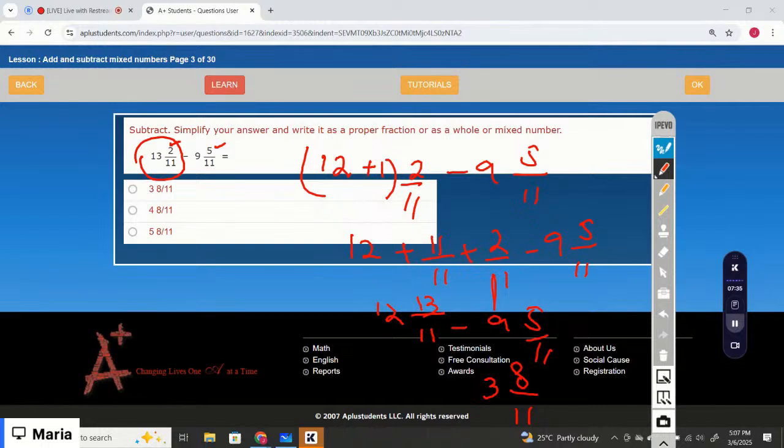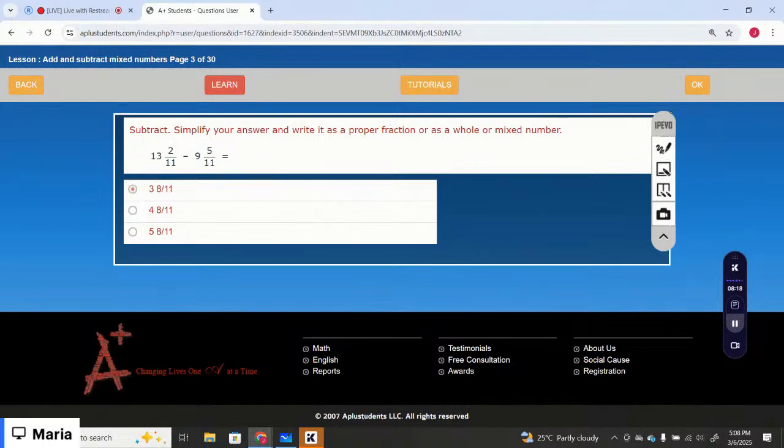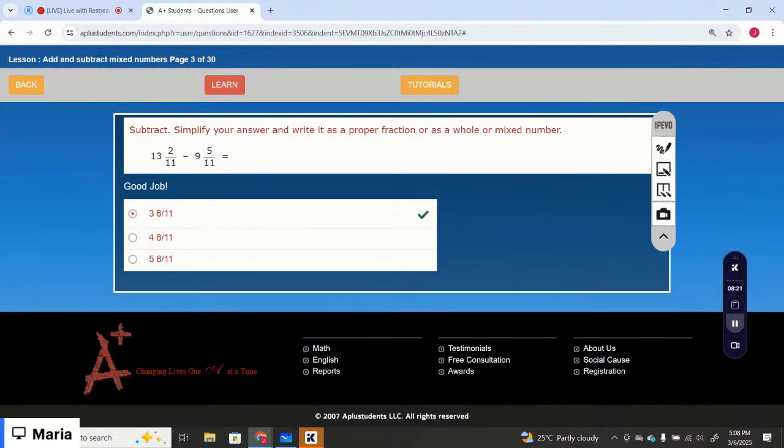Option number 1 is the correct option. That is 3 whole 8 over 11.